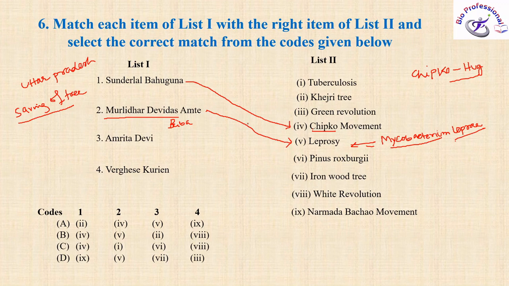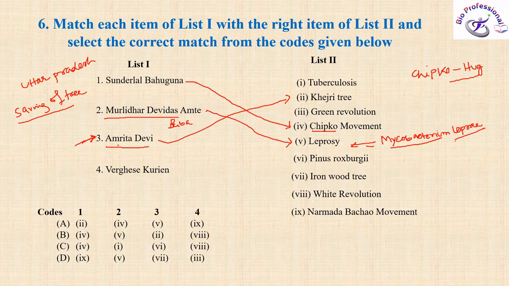Next is Amrita Devi. This name is related to the Khejri tree. This is also a kind of saving the tree, and she, along with her three daughters, sacrificed her life for this movement. I can say this is the beginning of the Chipko movement, because at that time they didn't give it a name, but the main motto of the movement was also to save the trees, and specifically this tree.